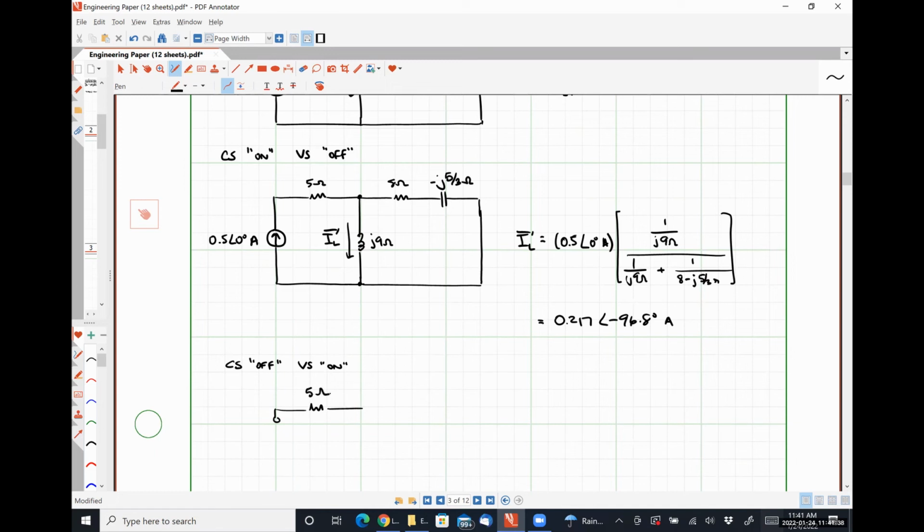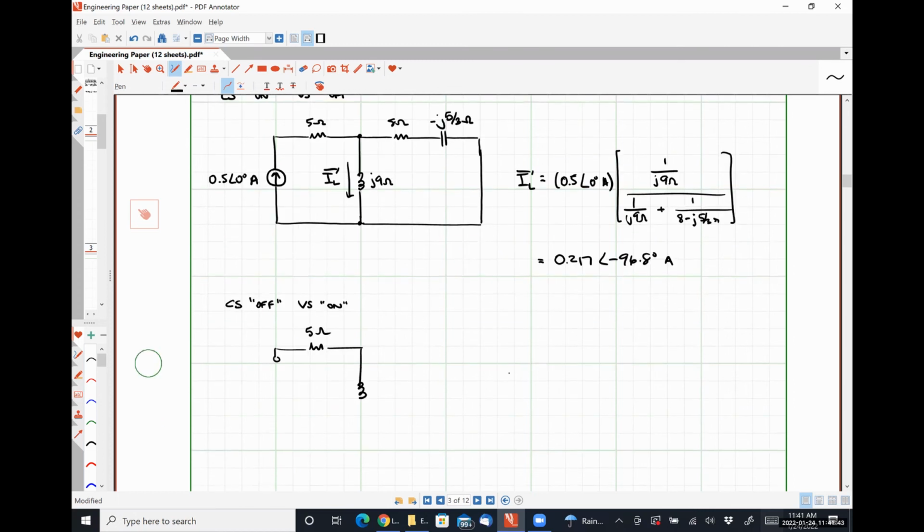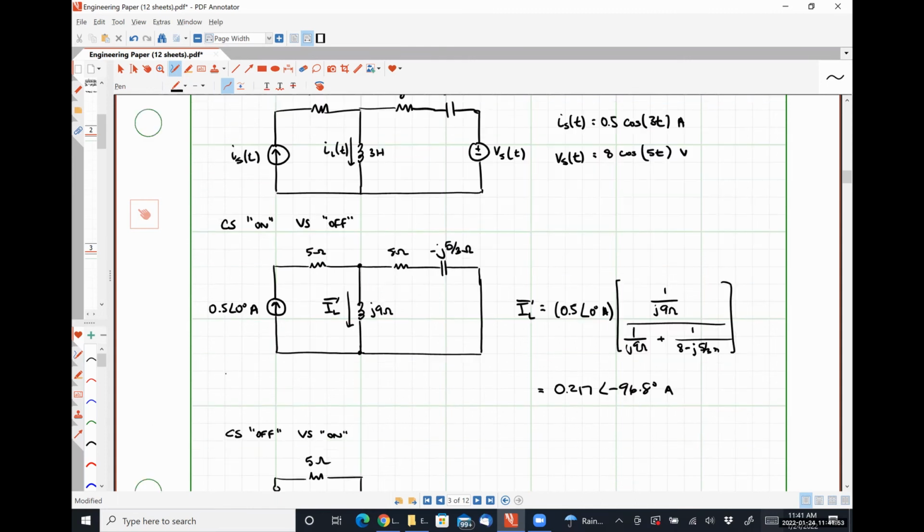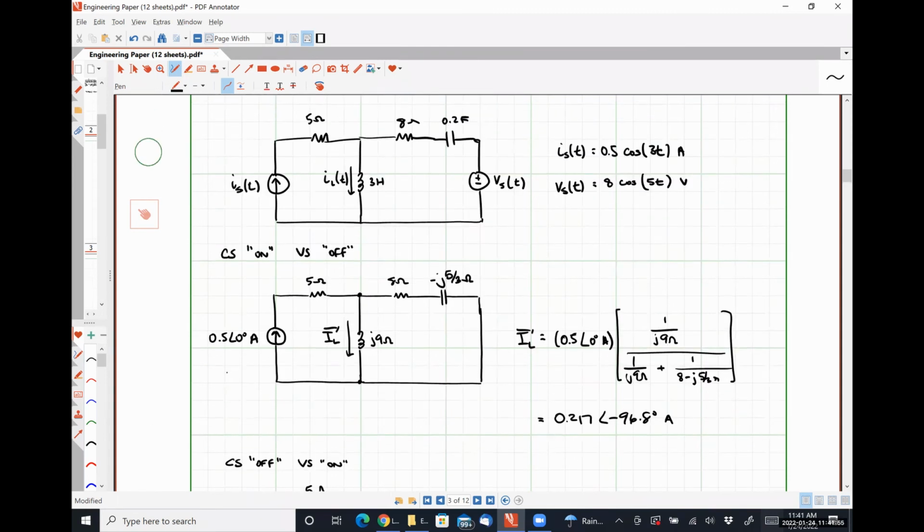Our 5 ohm resistor is still a 5 ohm resistor. Our inductor now, since our angular frequency omega has changed, the impedance of our inductor should change, right? So J times omega times L in this case is going to be J times 5 times 3, or J15 ohms.